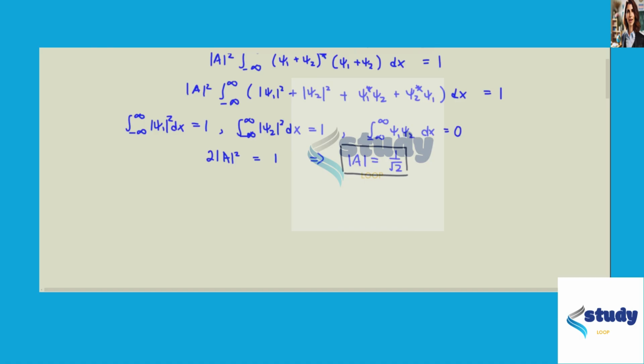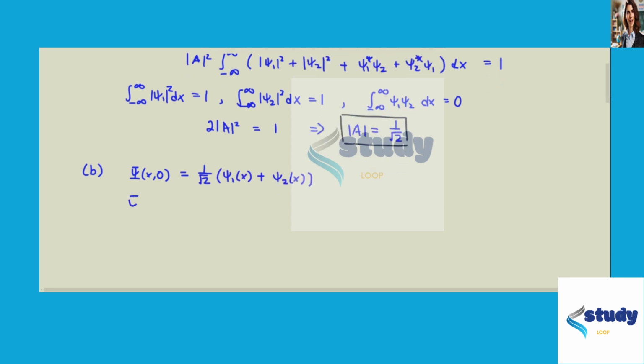In part B, we want to find the wave function in time and also the probability density at time t. We are given the initial wave function, and we want to find the wave function at time t.